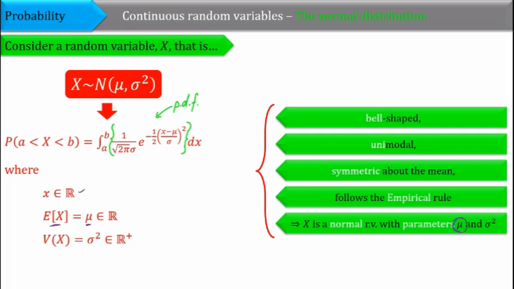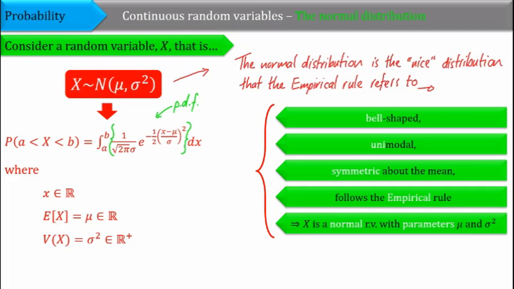So this parameter mu is the average of X, or the expected value of X, and sigma squared is the variance of X. In other words, mu, the mean, tells us where the distribution is located, because the mean is a measure of location. And the variance, sigma squared, tells us the size, because the variance is a measure of spread.